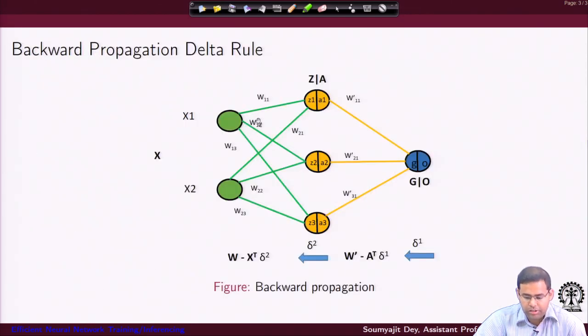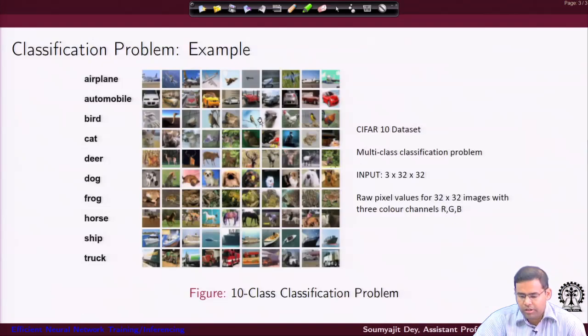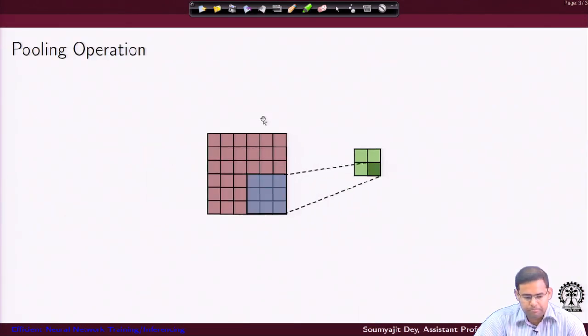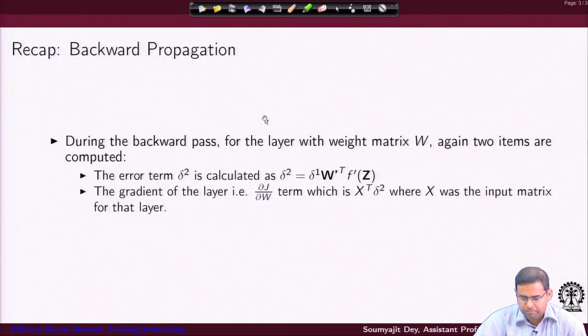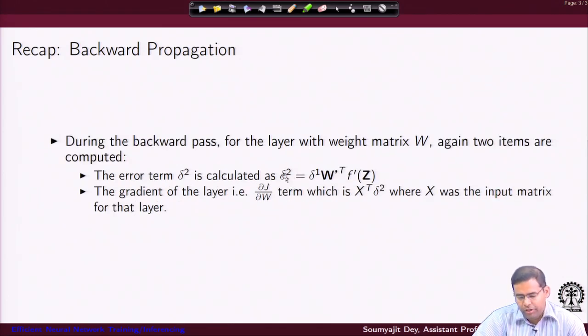When we are doing the del j del w, it is using w prime, which is the last layer, and if we are going to continue the same, then just like I am computing delta 2 and I am using delta 2 as delta 1 multiplied by w prime transpose.